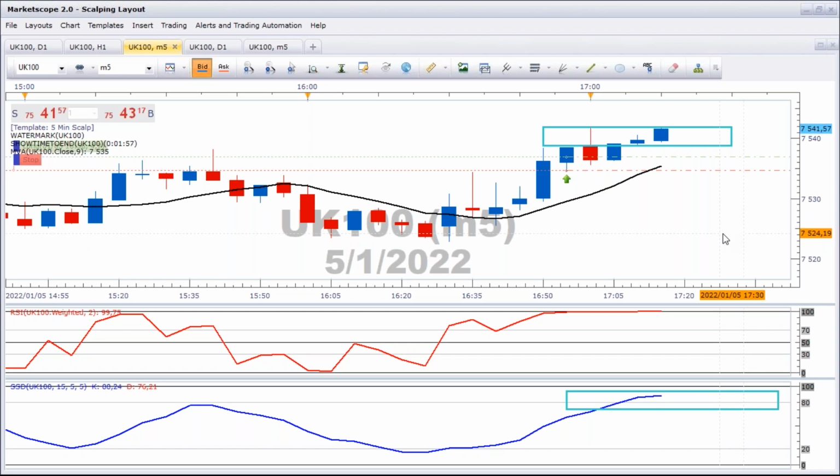Just under 2 minutes left. Bulls are grinding away there, aren't they? There we go. All right, let's see if they can maintain that.